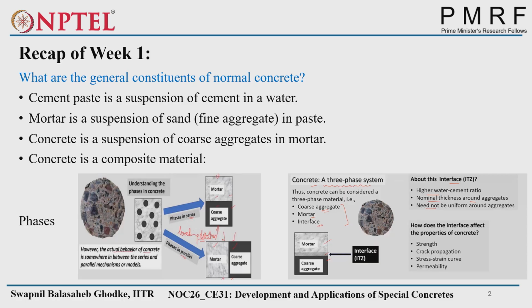People are using GGBS also, but as coarse aggregates are not used in UHPC, all the binding material quantity is very high, because in normal concrete we have 60 to 70% coarse aggregates. So that compensation will happen in that way.